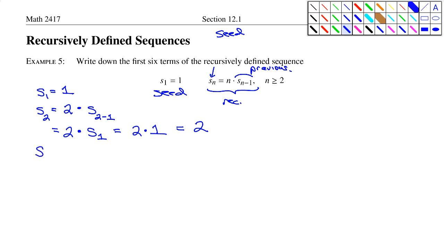Then S sub 3 is equal to n, which is 3, times S sub n minus 1, so that's 3 minus 1. So that tells us to use 3 times S sub 2. So the previous term to S sub 3 is S sub 2. But 3 times S sub 2, and I'm going to use this version here for a second so that you can see a pattern. This is 3 times 2 times 1, which is 6.